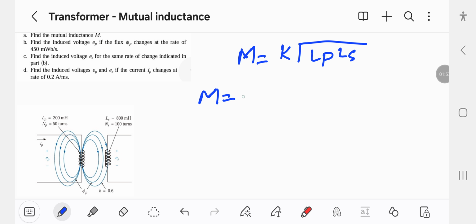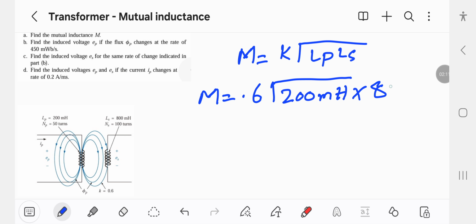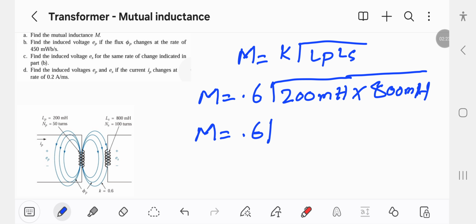So here the value of the coupling coefficient is 0.6 and the inductances are millihenry and 800 millihenry. So let's solve this.